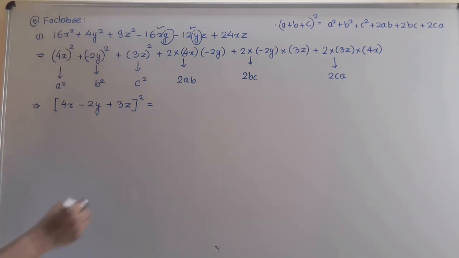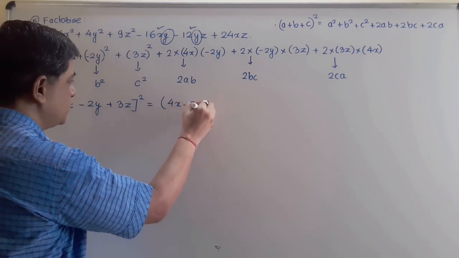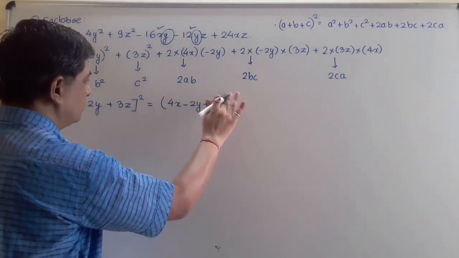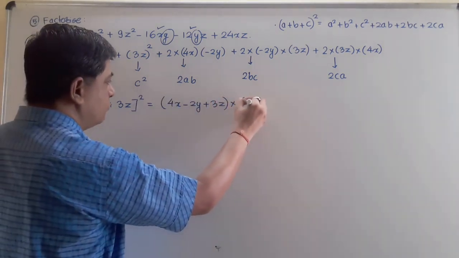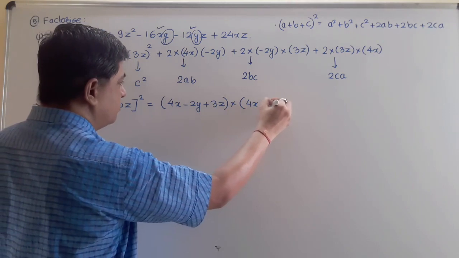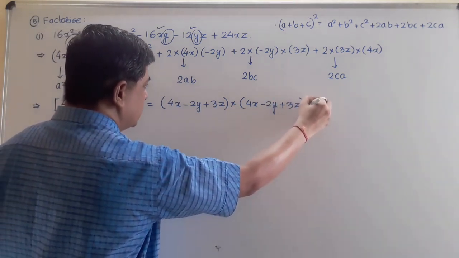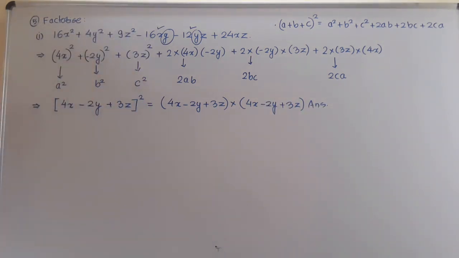So I will write it as 4x minus 2y plus 3z, and the same way we can write one more time 4x minus 2y plus 3z. This is your answer. Okay, let us quickly see the next and last question of today's.